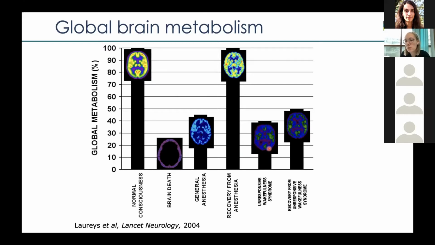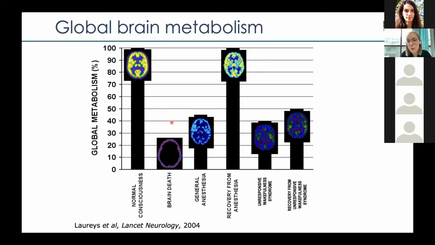These patients show eye opening and therefore are different from a patient in coma, but they do not show any signs of conscious behavior. For example, they do not respond to command, but they will show, for example, auditory startles. You see that these patients show a globally decreased glucose uptake throughout the brain.